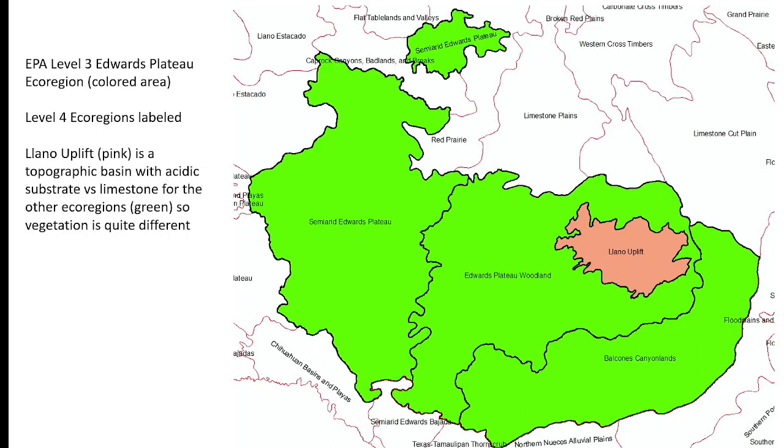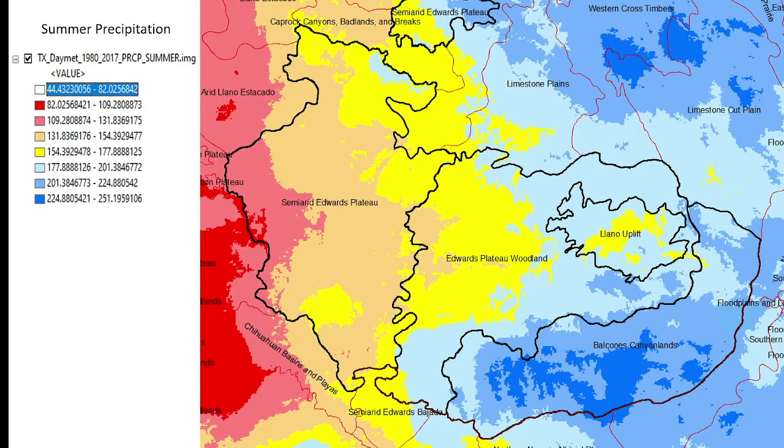And it's underlain by acidic materials, ancient acidic materials, and there's very little juniper over those acidic materials. So that's why that subregion is segmented out from the others. All of the green areas are underlain by limestone, mainly lower Cretaceous limestone. But why the segmentation of those 3 regions?